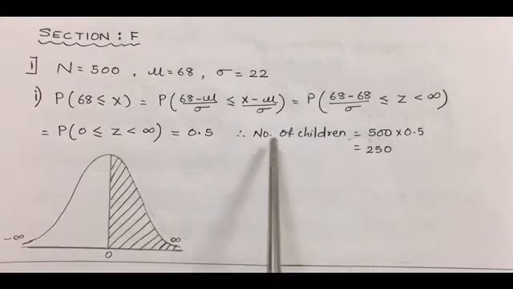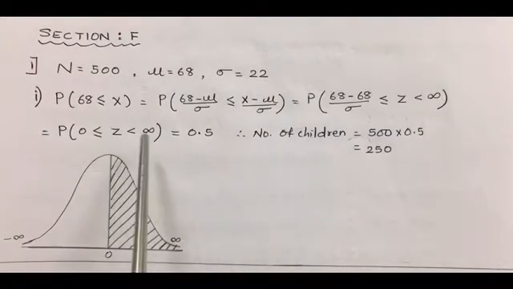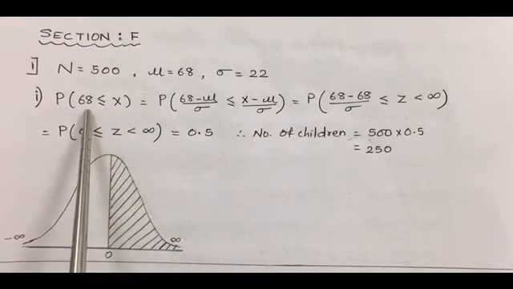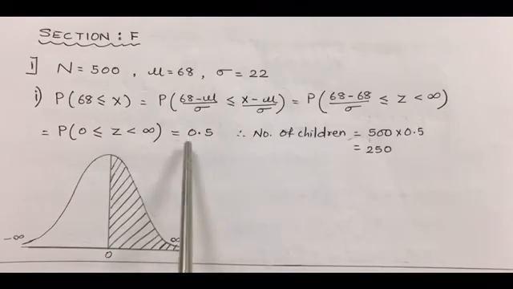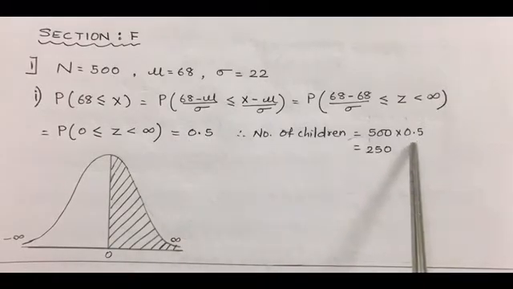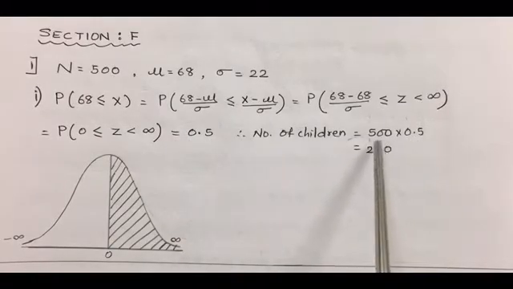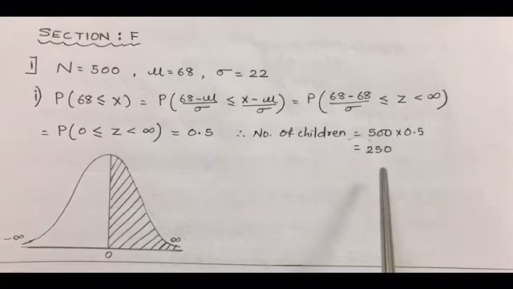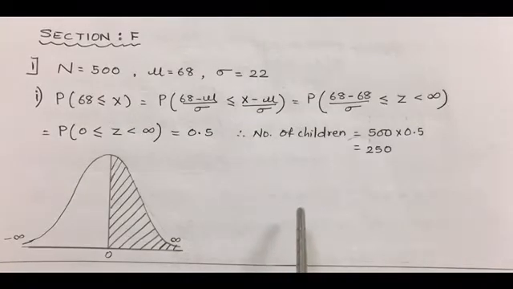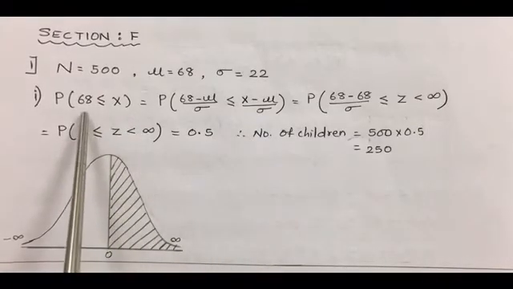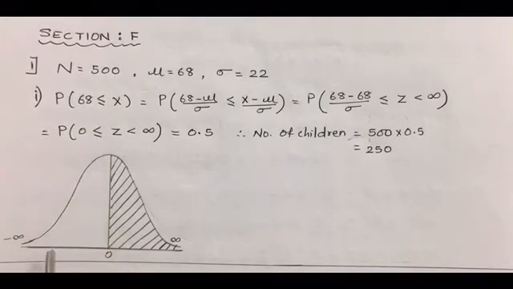So to calculate the number of children getting marks more than 68, whatever the area we get, that is 0.5, will be multiplied with 500. So that makes it 250 children. They score marks more than 68.